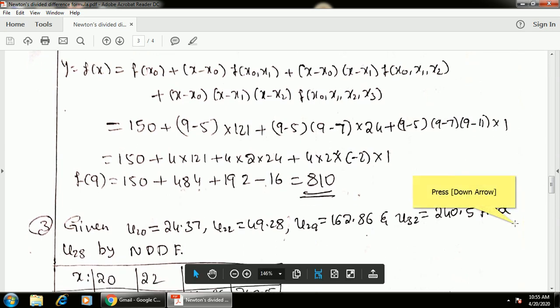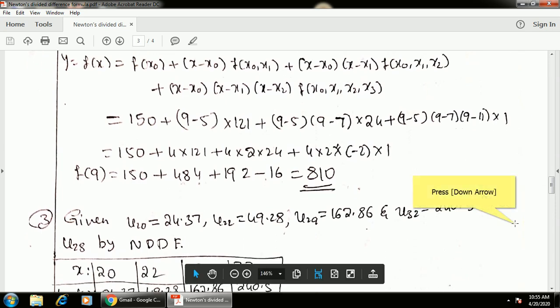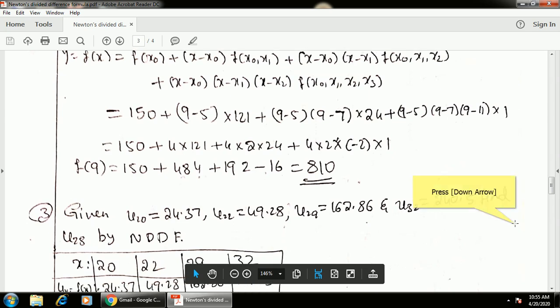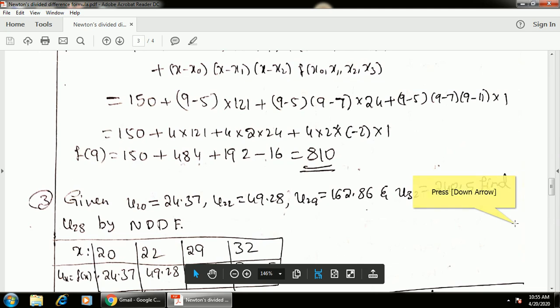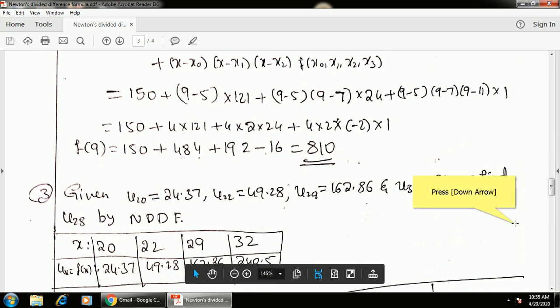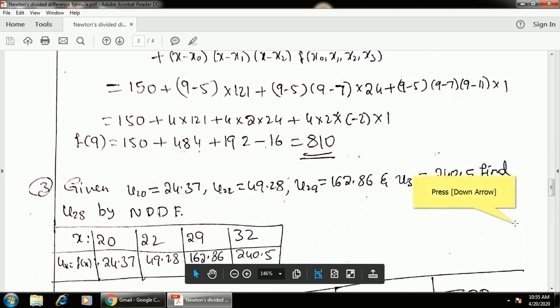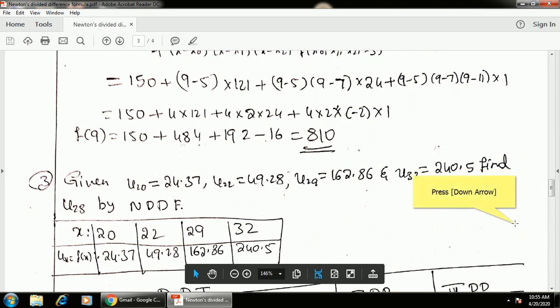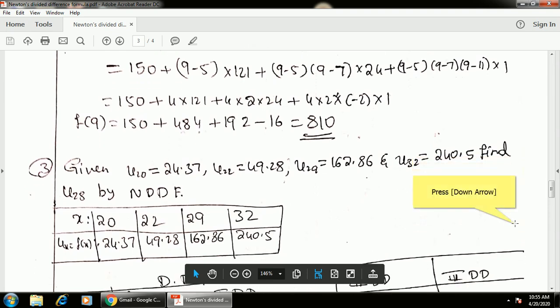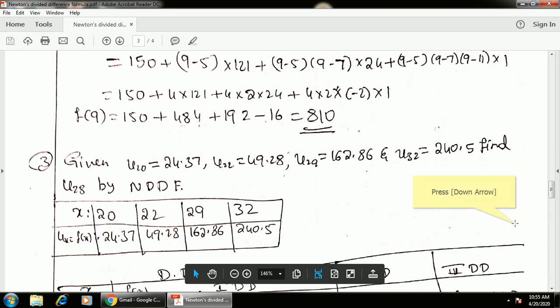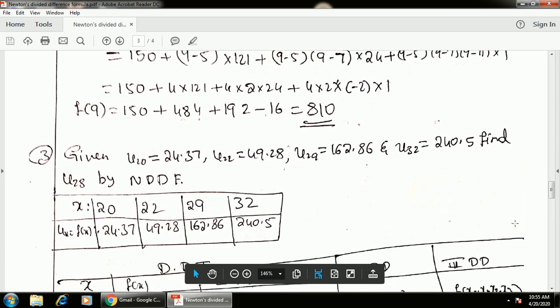And next is the given set of values of x and u of x.